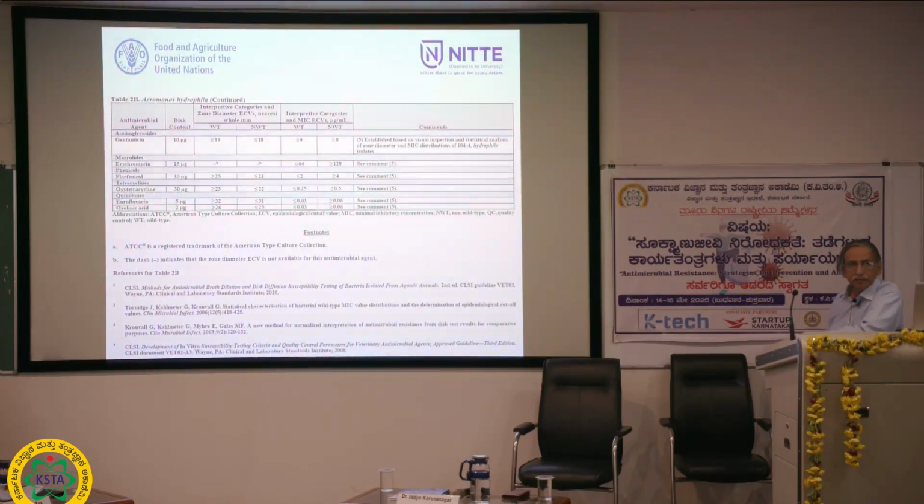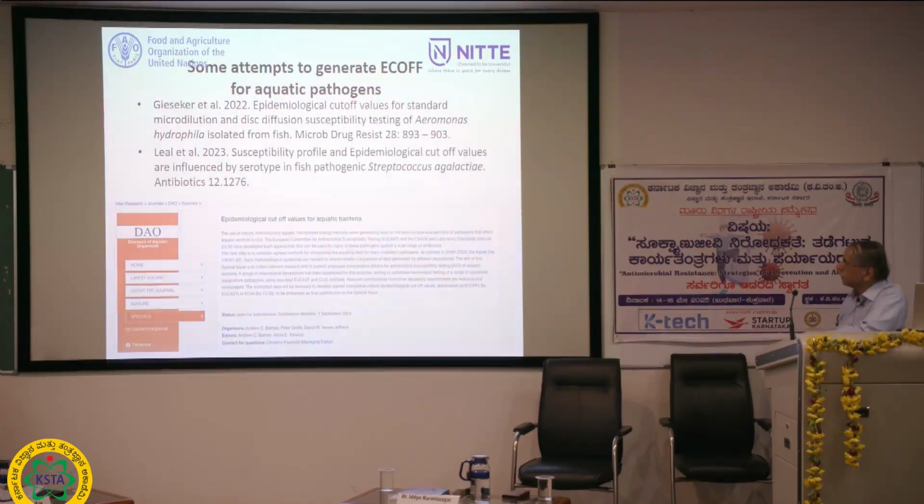But there are some publications, for example this publication talks about epidemiological cutoff values for standard microdilution and disk diffusion susceptibility testing for Aeromonas hydrophila isolated from fish, and for Streptococcus agalactiae. Also this is a journal, Diseases of Aquatic Organisms, which has called for papers on these ECOFFs for aquatic organisms. So that means there is a lot of international interest in generating data.